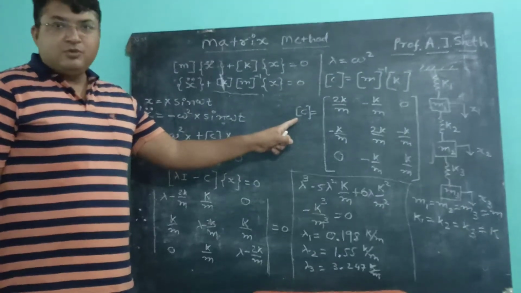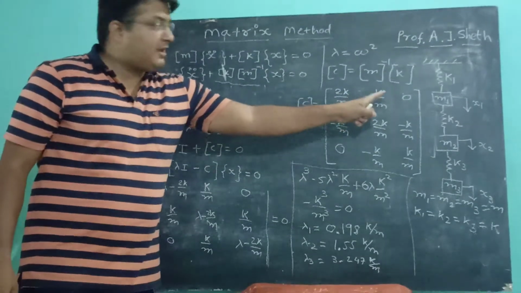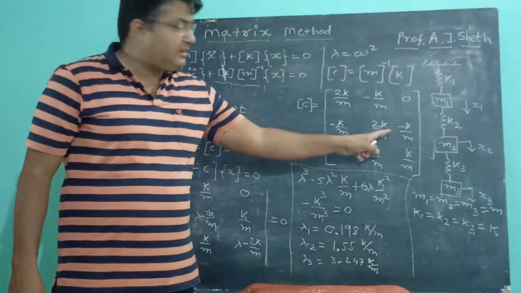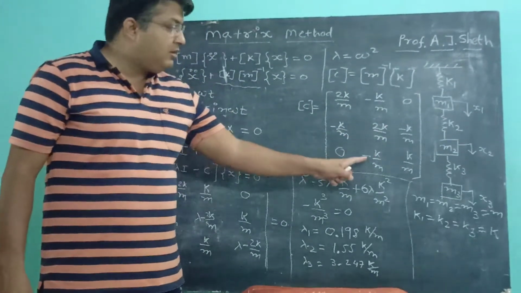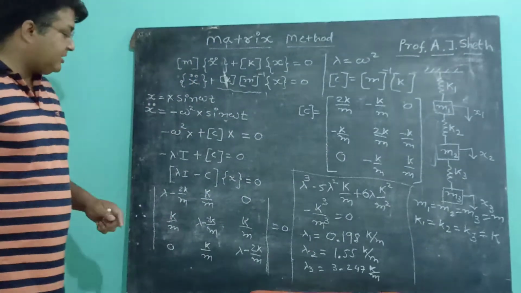Dynamic matrix value we have just seen: 2k by m, minus k by m, 0, minus k by m, 2k by m, minus k by m, 0, minus k by m, k by m. This is the dynamic matrix value.